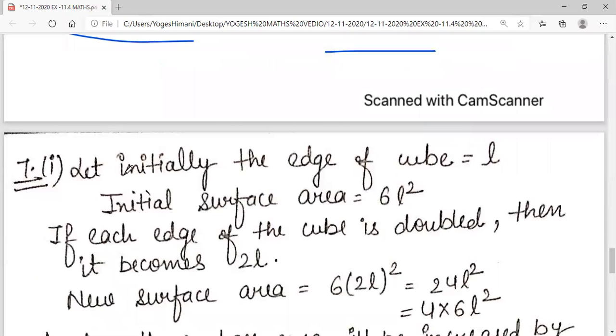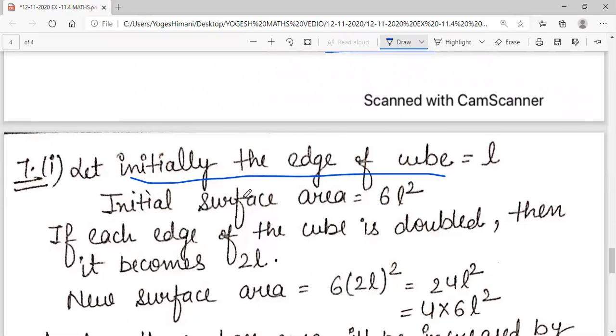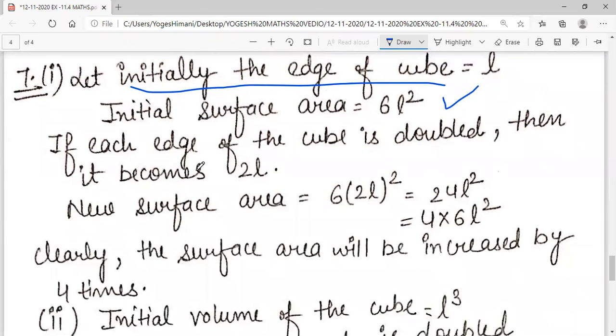Okay, so let's see in question number 7 that initially the edge of the cube is L. Then initial surface area क्या होगा 6L square. Very simple. ठीक है ना. नाउ अगर ईच एज जो है डबल हो गया, देन इट विल बिकम 2L. Yes or no?